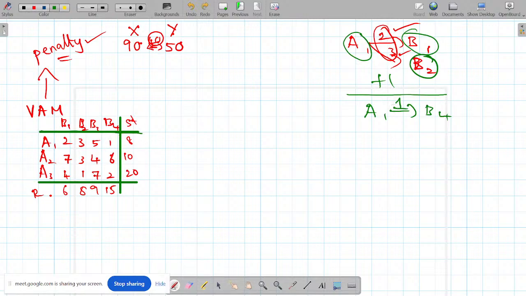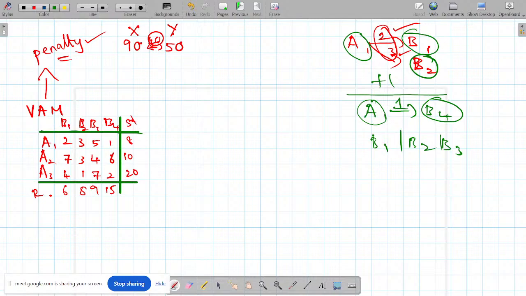Whereas if you go for any other units, either B1 or B2 or B3, it's going to cost extra money. So only if you send from A1 to B4, it's going to be a minimized cost. If you understand in this way, then you can easily apply the penalty method.